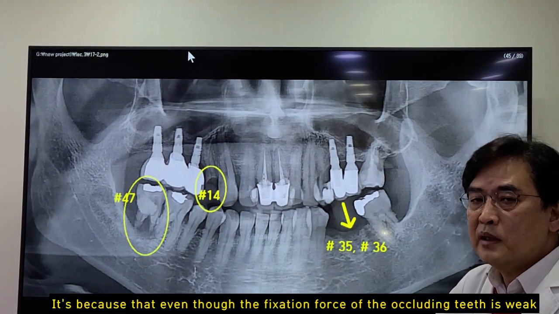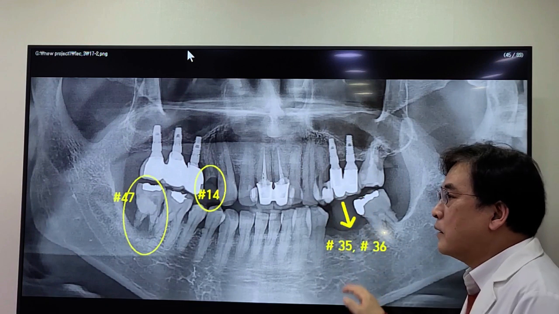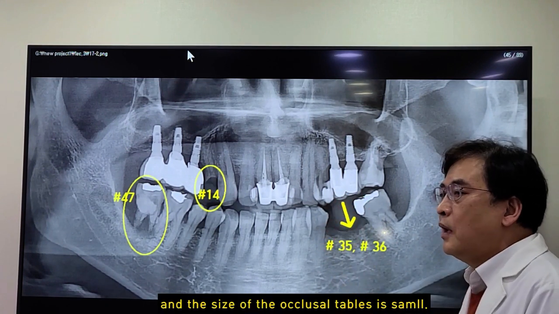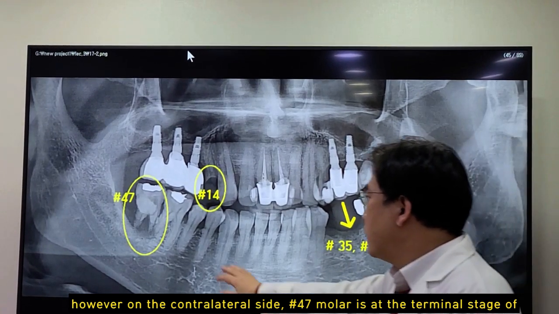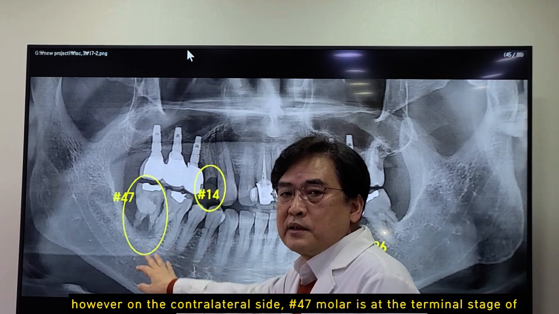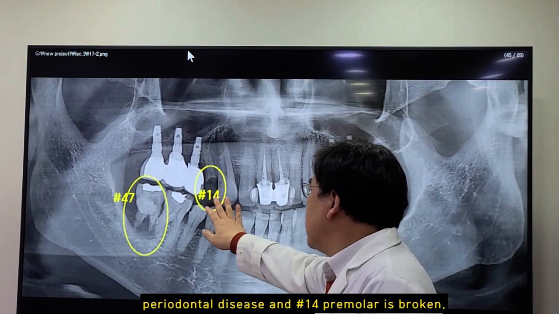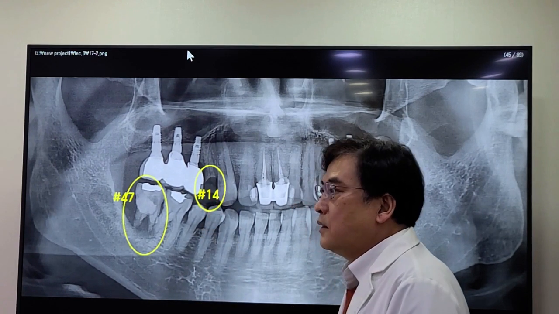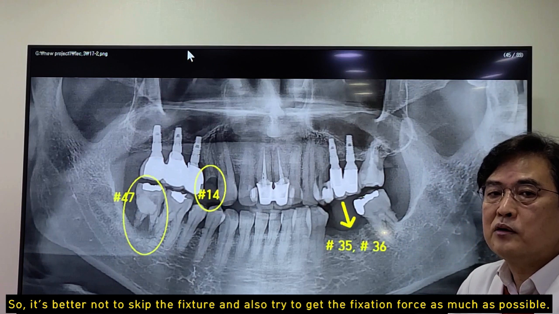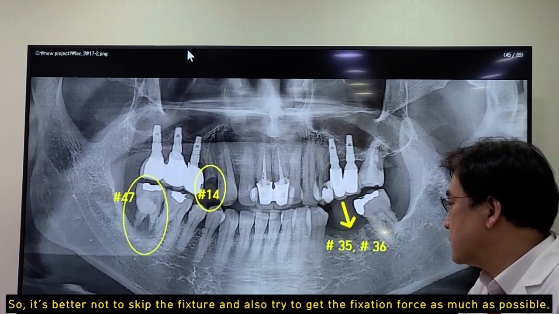It's because even though the fixation force of the occluding teeth is weak and the size of the occlusal tables is small, on the contralateral side the 47 molar is at the terminal stage of periodontal disease and the 14 premolar is broken. So, it's better not to skip fixtures and also to try to get as much fixation force as possible.